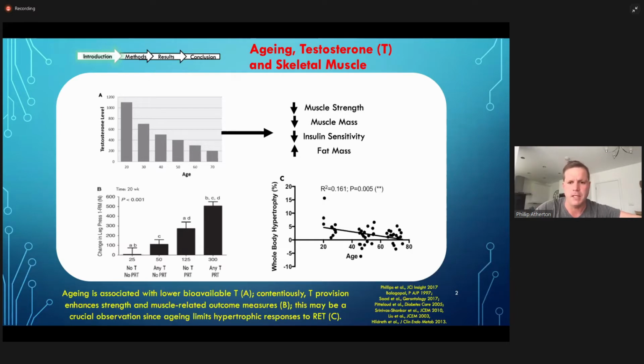So we were keen to look at the potential for short-term testosterone therapy on the backdrop of exercise, given that older people seem to elicit this reduced anabolic responsiveness.